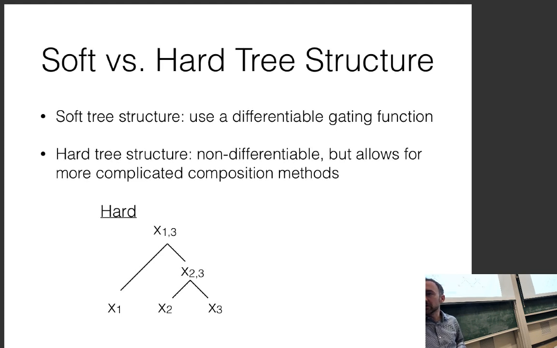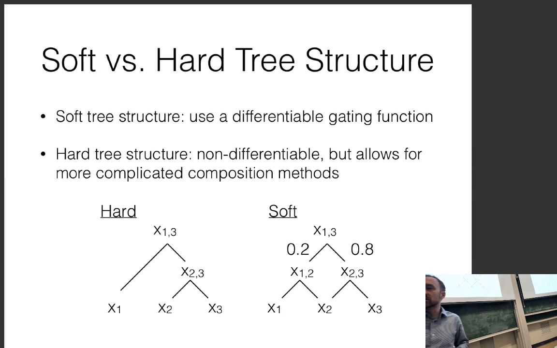So a hard one looks a little bit like this, and a soft one might look a little bit like this, where basically the hard one says, okay, you are composing together 2, 3, and 1 to get 1, 3, where in this case you might be composing together 2, 3, and 1 with a probability of 0.8, or 1, 2, and 3 with a probability of 0.2.